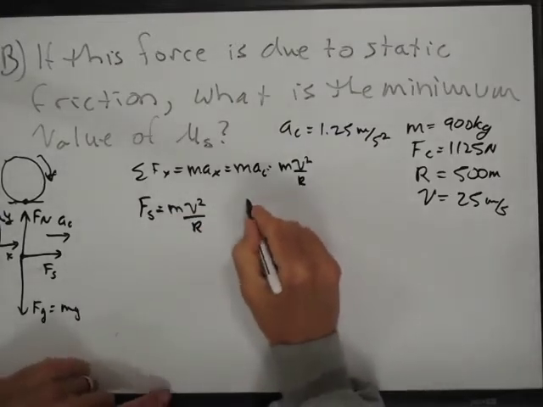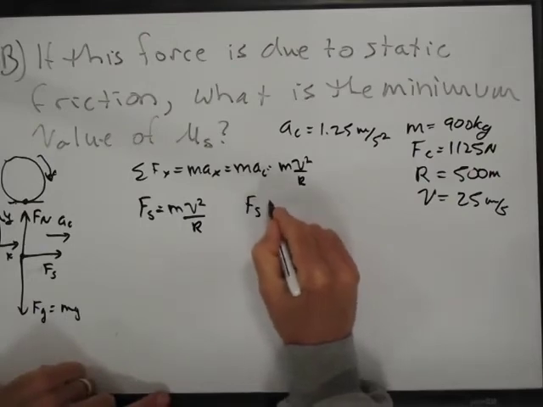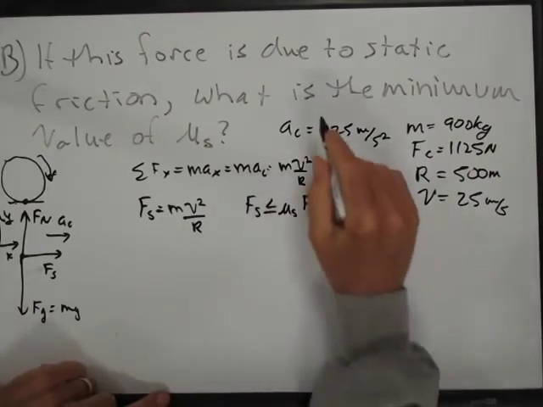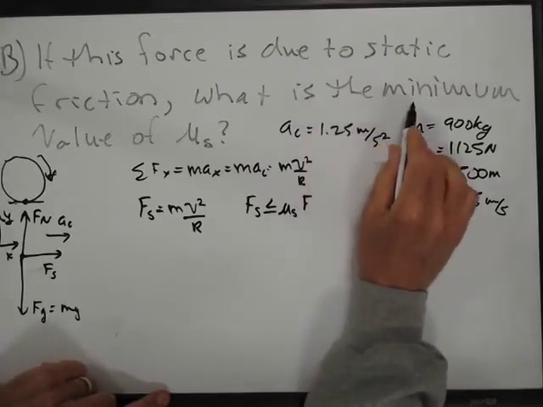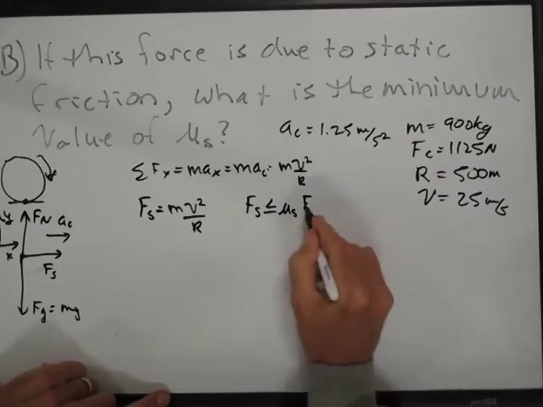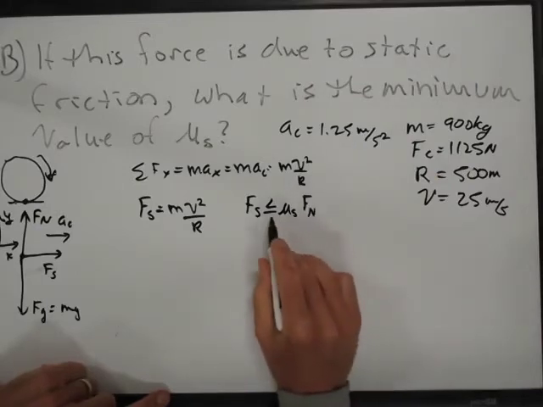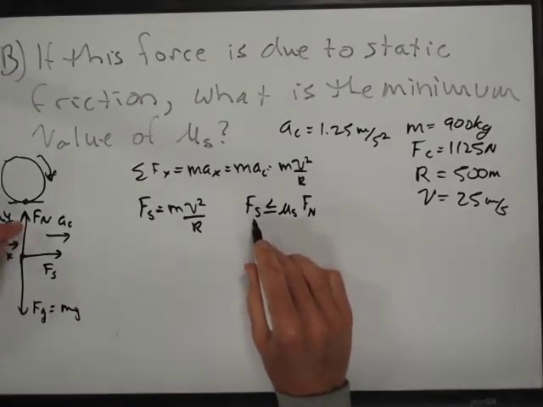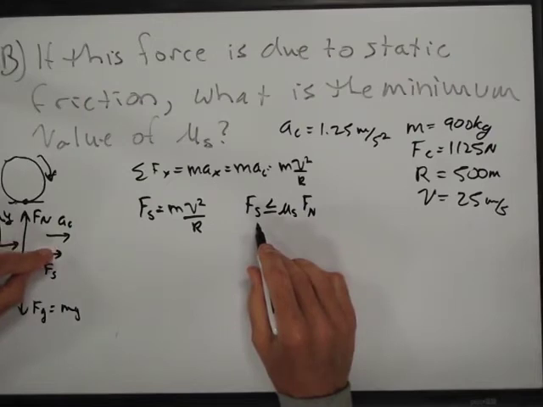If you remember from the definition of the static friction force, it's less than or equal to mu sub s times the normal force. But this is asking for the minimum value of mu sub s that will allow this to work. So mu sub s is going to be small enough that these two are equal. If it got any smaller, this wouldn't be able to make the car go in a circle.